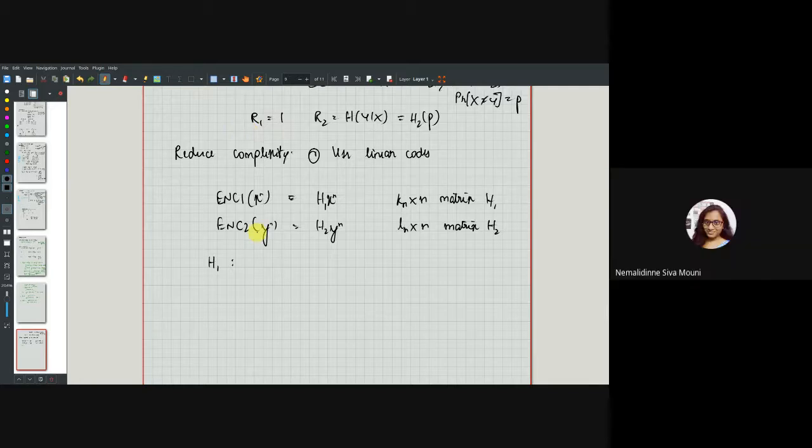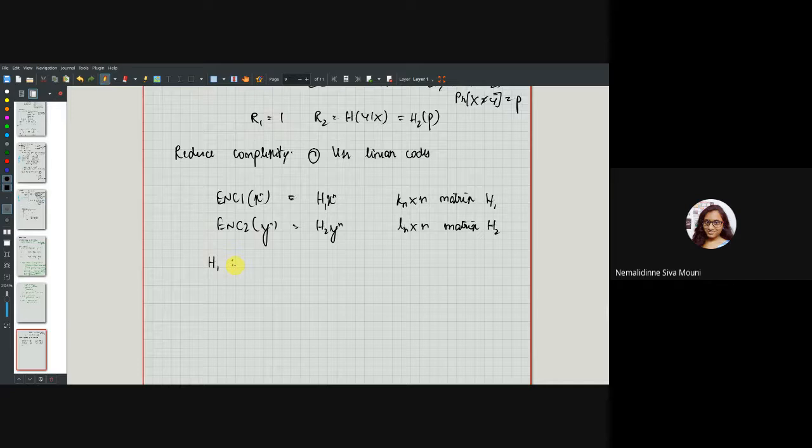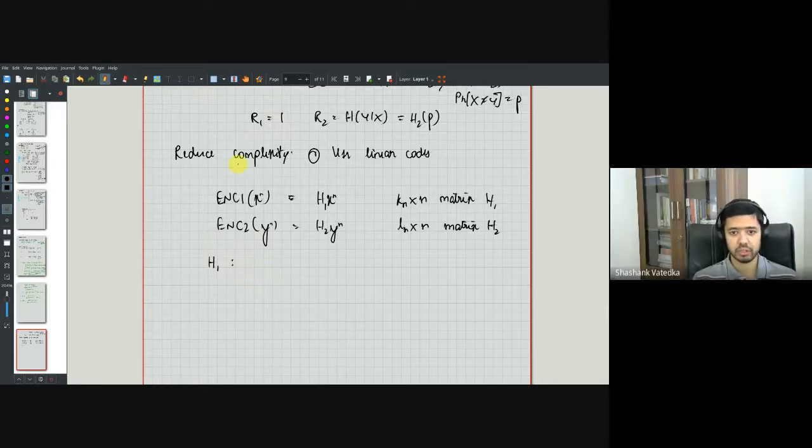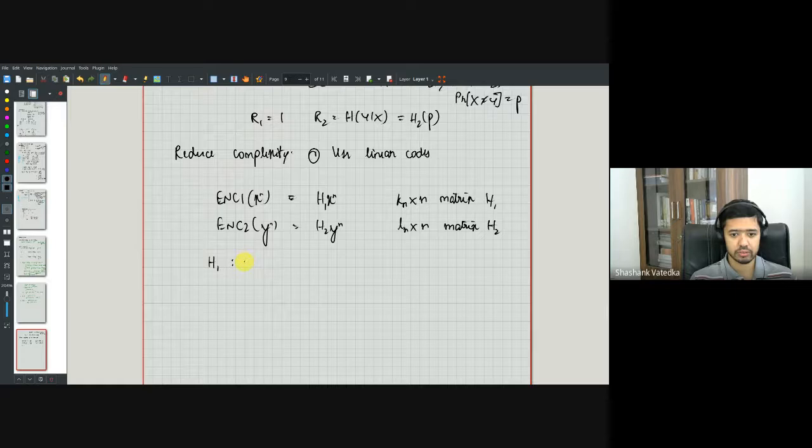One cross n, right? Recall the definition of the rate. Okay, kn. Yes. But what is kn if R1 equal to 1? So asymptotically, what is kn equal to? n. Yeah, so it's n, right? So H1 is therefore n by n.